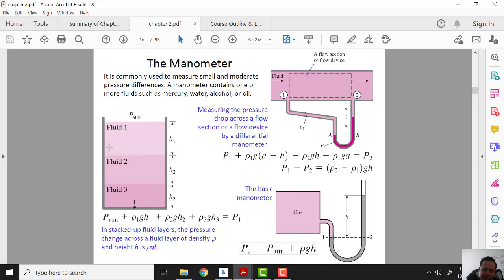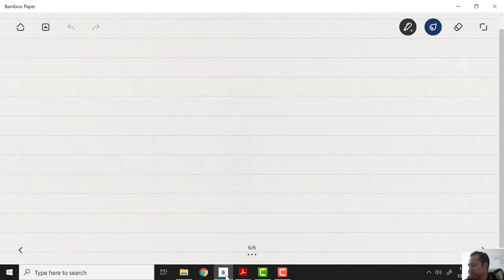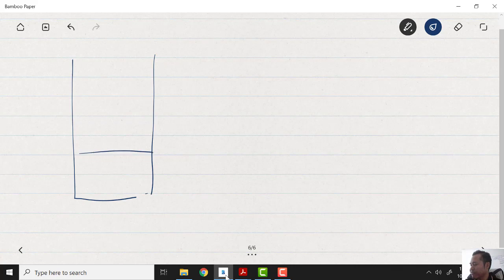Okay, simple manometer. How do we measure fluid pressure at a point in a manometer? For example, we have a very simple manometer with a container, and inside the container we have different fluid layers: mercury, water, and oil.